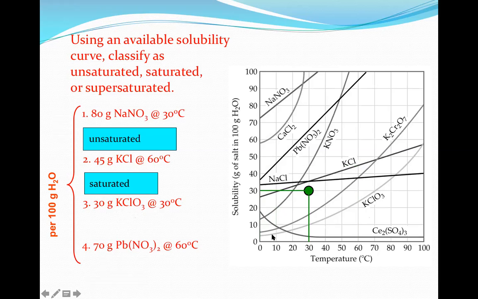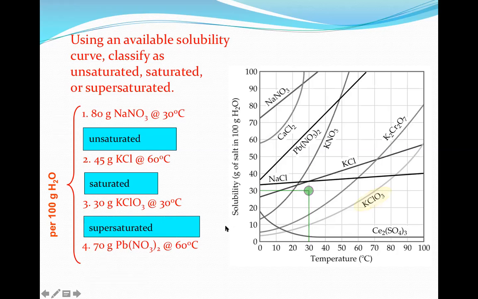Now in relation to this line, it's kind of a grayed out line. Is this one above, on, or below the line? So in relation to this line, it is above it. That means it's going to be above and beyond, or supersaturated.